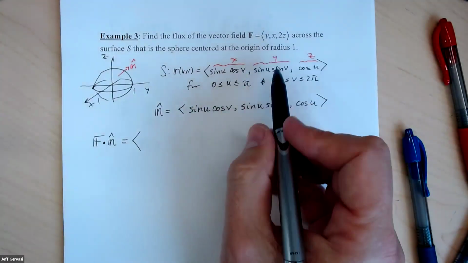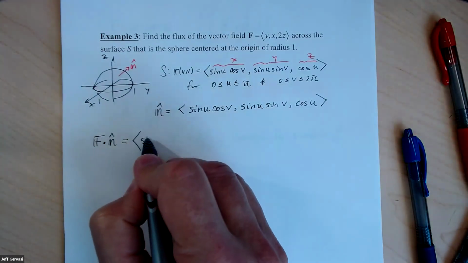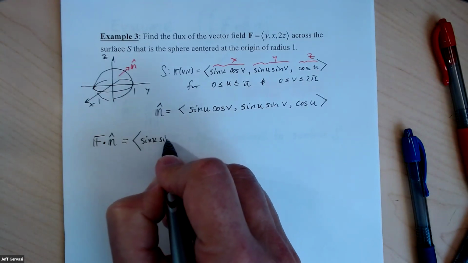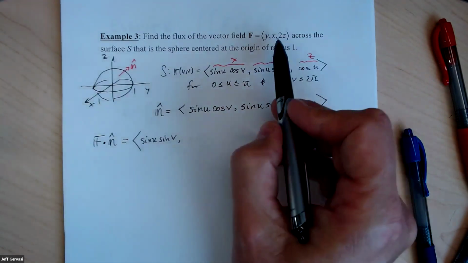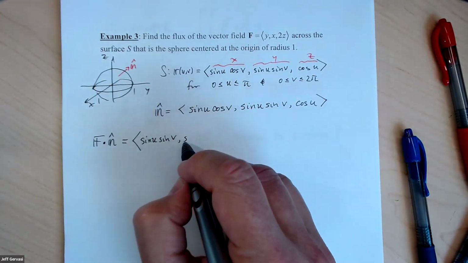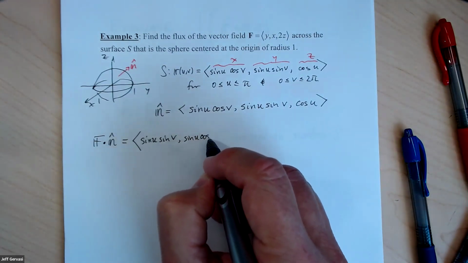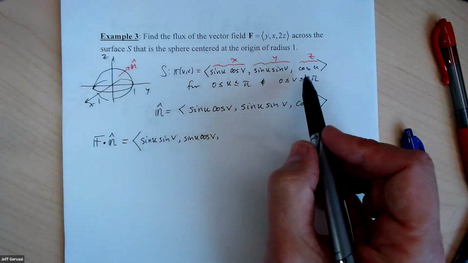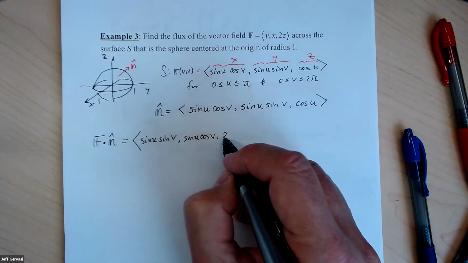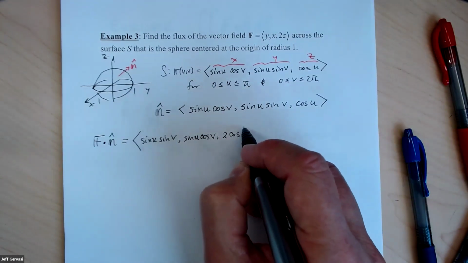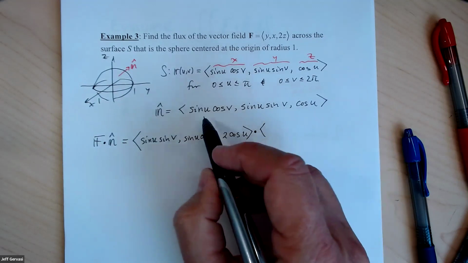So I'm going to replace y with sine u sine v, replace the x with sine u cosine v, and then replace z with cosine u. I'm going to dot that with my unit normal vector right here.